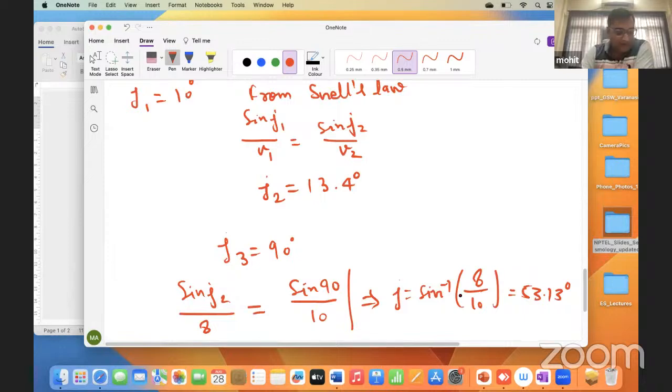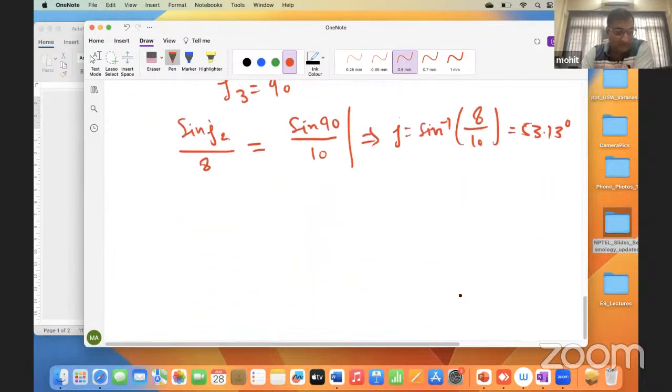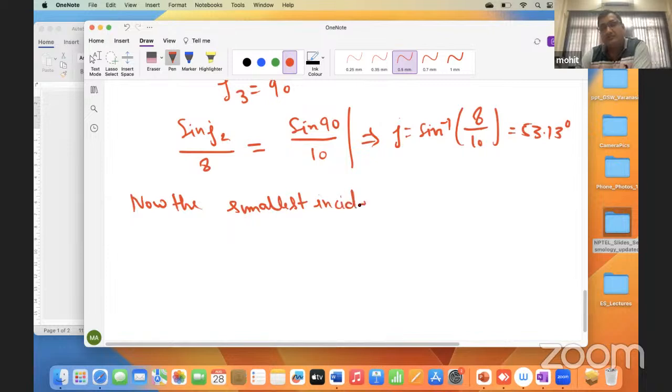Now you need to find the smallest incident angle in the 6 kilometer per second layer.